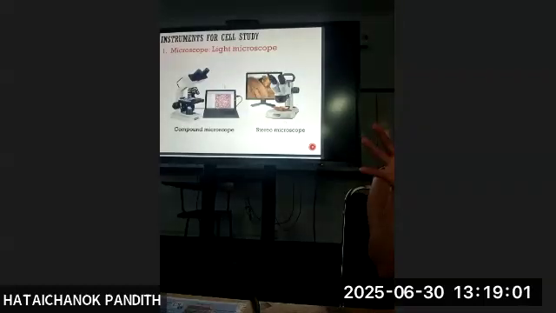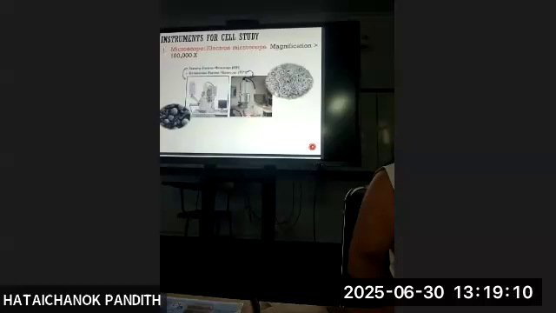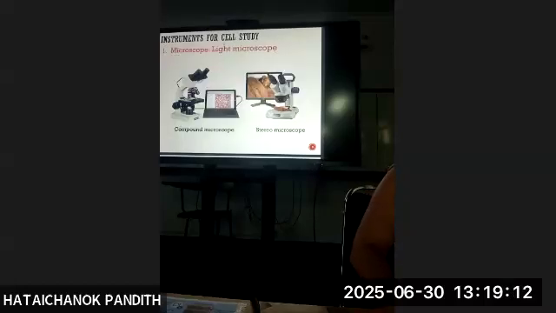So look at the instruments that we use to study cells. The first one has to be the microscope, of course. There are light microscopes and electron microscopes. Light microscopes have two kinds, compound and stereo. Give me an example of cells that have to use the compound microscope.